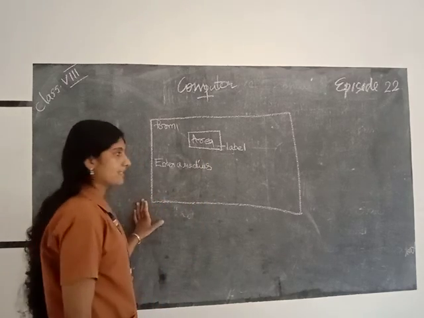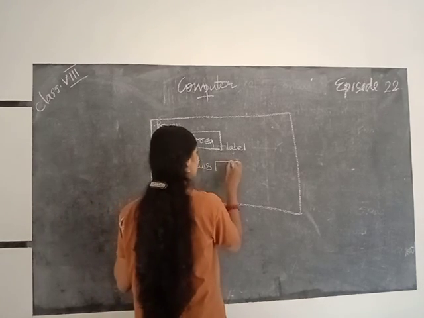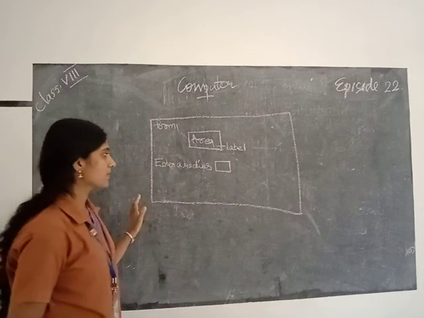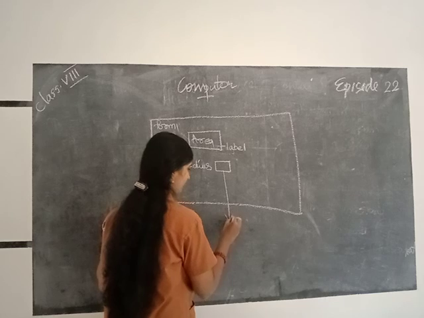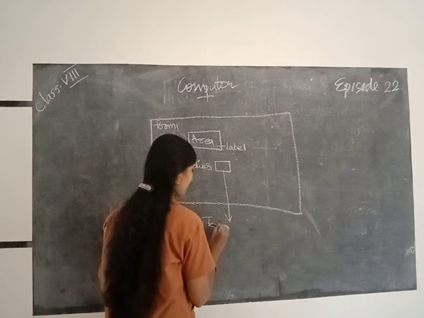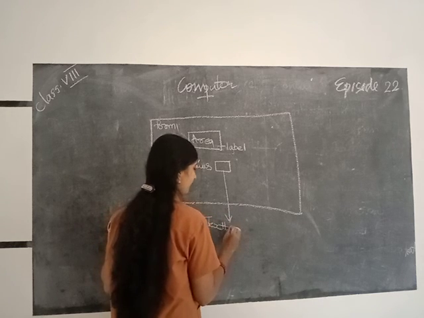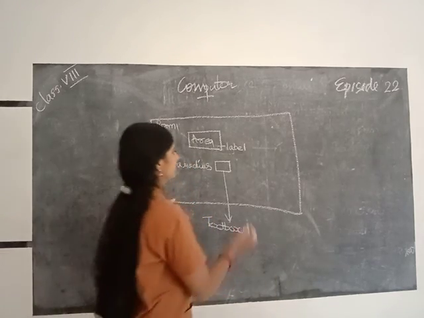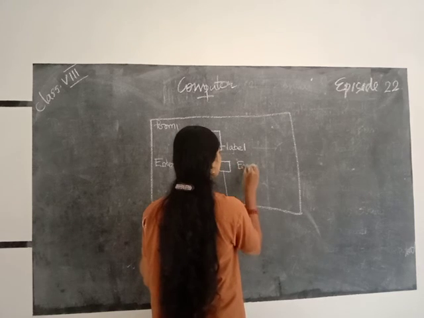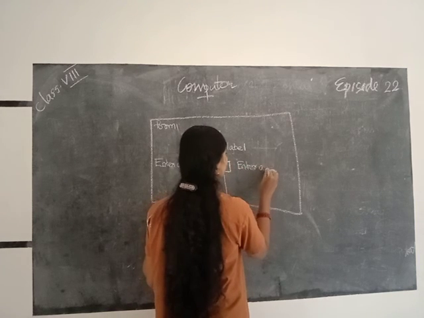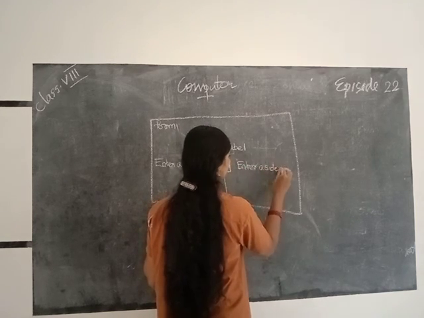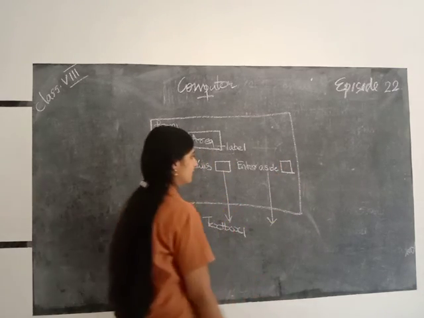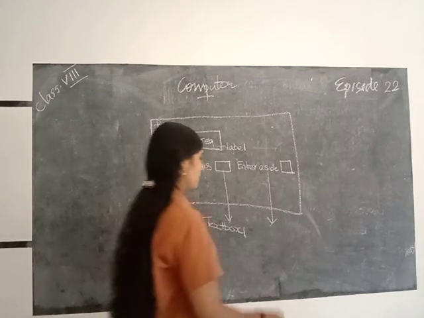Which contains a text box here. So this is Text box 1. Then next, Enter a side. So here the text box number 2. So Text box 2.